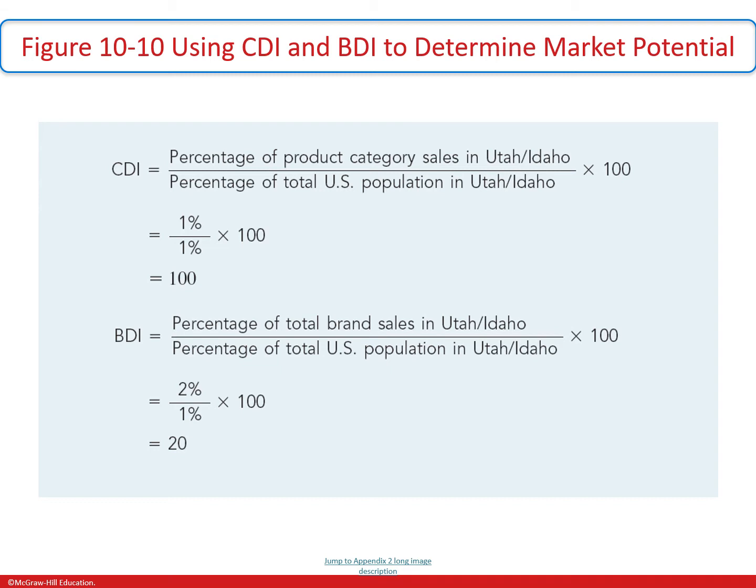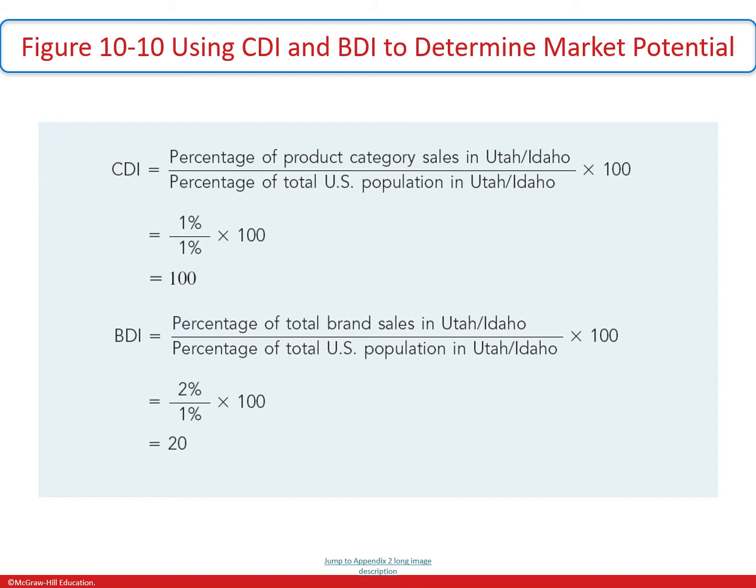You want to look at potential for growing rum in a particular area. What you're going to look at is the percentage of not just your brand, but rum sales as a whole, rum sales nationwide. What percentage of rum sales occur in a particular area? And then you compare that to what percentage of the total population live in that area. And that tells you whether or not there is high potential for the category to grow.